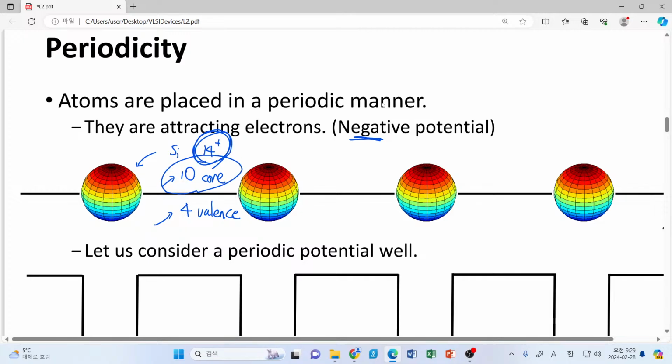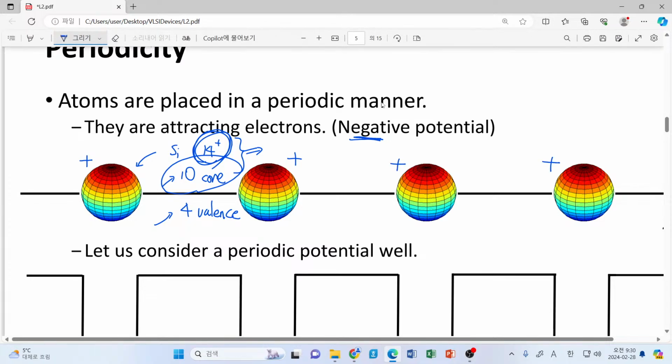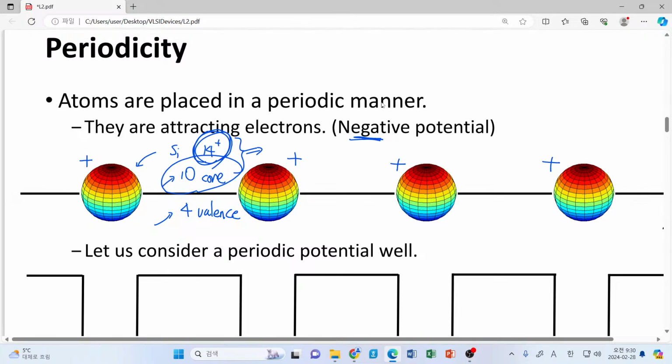Although these 10 core electrons are surrounding this atomic core, they are not perfectly balanced in their charge. So if we collect whether this is negatively or positively charged, we must say that our atomic cores surrounded by core electrons are still positively charged.